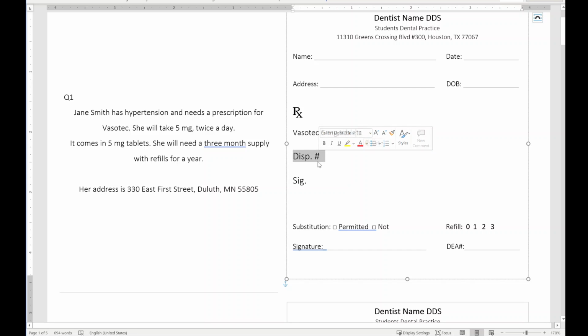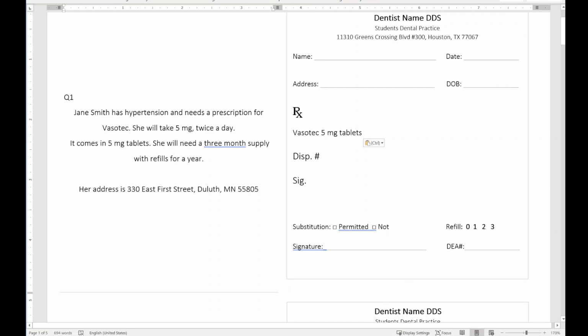The dispense and the hashtag would always remain there on the prescription. This is how much or how many we want to dispense of that drug to the patient. And the signature is how many times they need to take it. Here, they are taking it twice a day, right? And we want a 3-month supply.